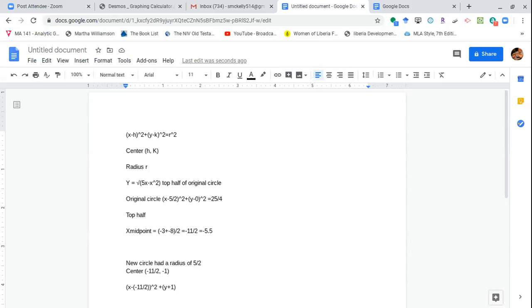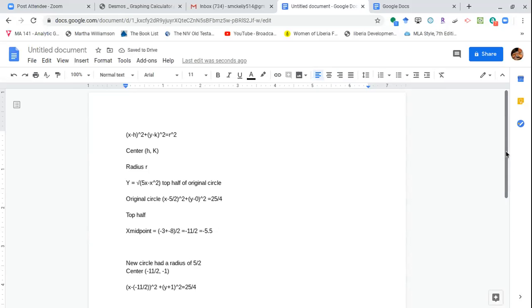That's the midpoint, right? That's your h, k, the midpoint of the circle. And then I square this, and then I still get 25 over 4, right?